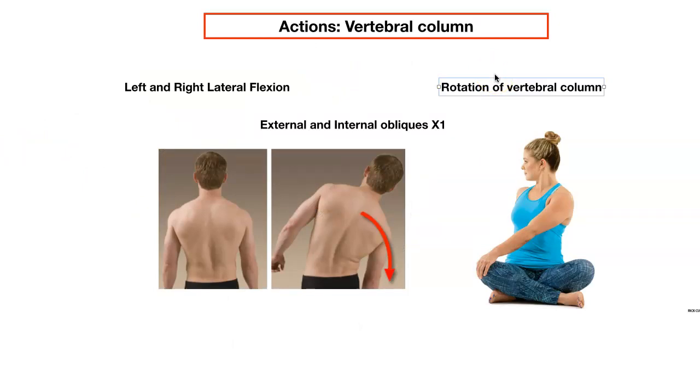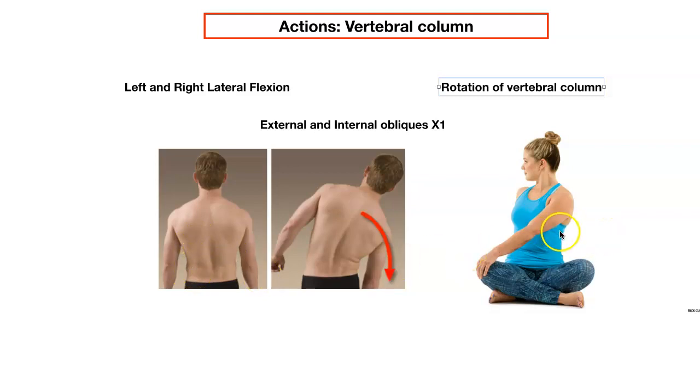The other actions that 2 of your abdominal muscles can give you is left and right lateral flexion. So lateral flexion, just kind of doing these side bends, bend to each side. That is from the external and internal obliques. And that'll make more sense when you look at these muscles a little bit closer.